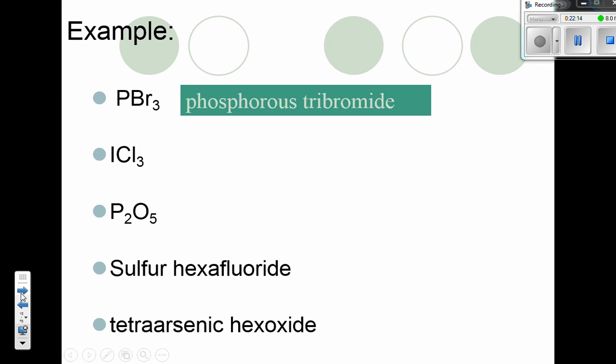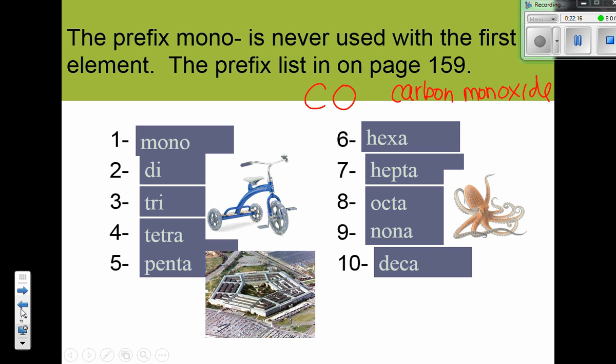Alright, so let's practice this real quick. The first one that we have on our example says phosphorus tribromide. What is the symbol for phosphorus? It's a capital P. And how many phosphoruses are there? One. There's just one, so we don't have to write any subscript.